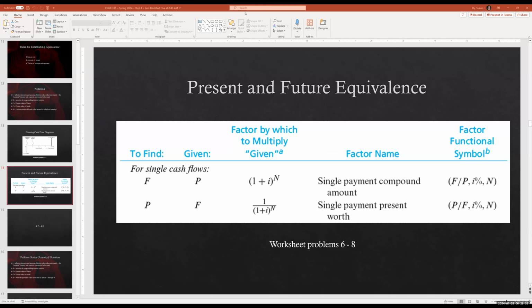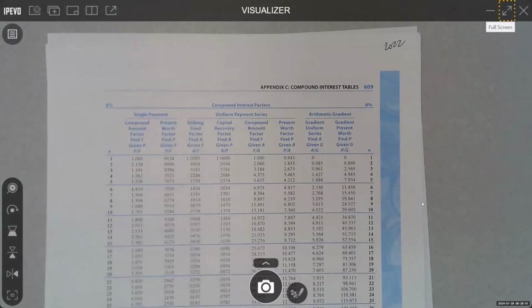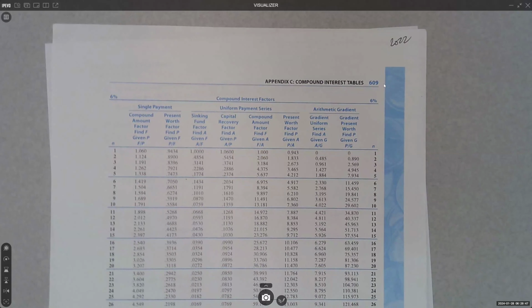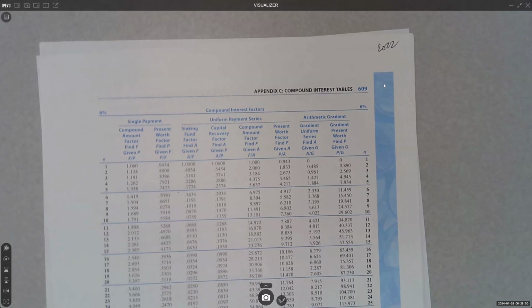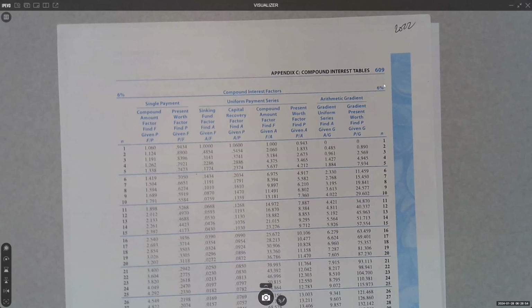So I'm going to switch to the compound interest worksheet over here. All right. So when we look at this worksheet, we see, first of all, that we have all of our N's going down this axis here.